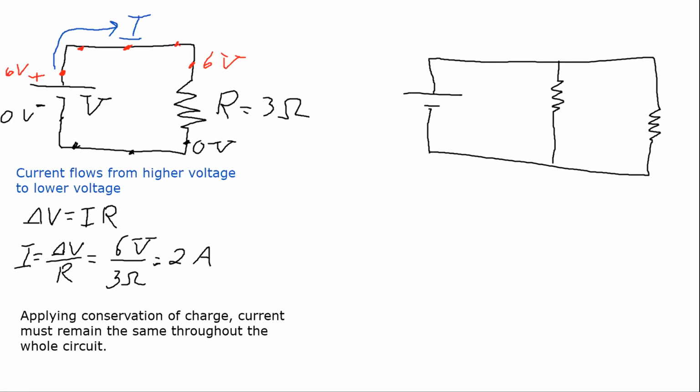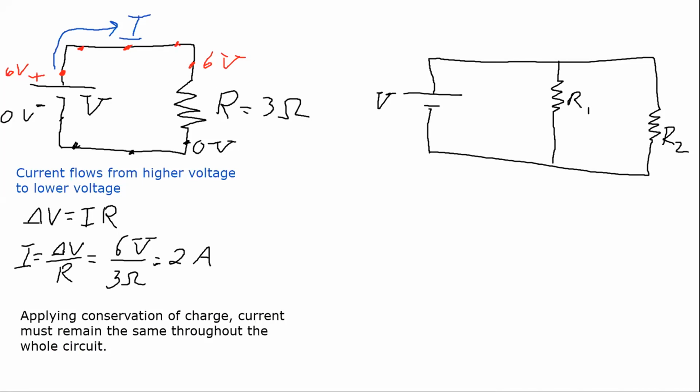So this will be my voltage, resistor 1 and resistor 2. Now I have 2 resistors connected to a battery. This is called a parallel setup, which we're going to talk way more about in chapter 28. We already discussed parallel connections when we looked at capacitors, and we'll see how we deal with resistors.